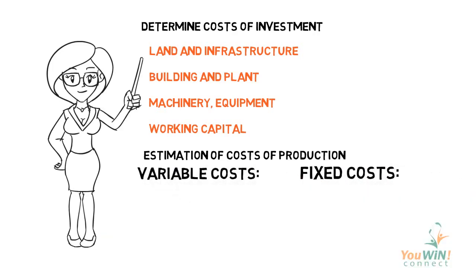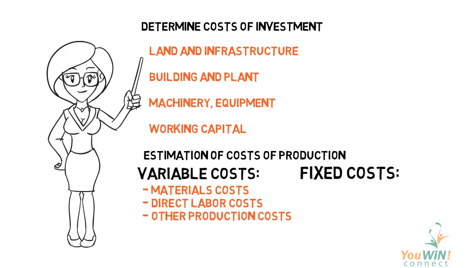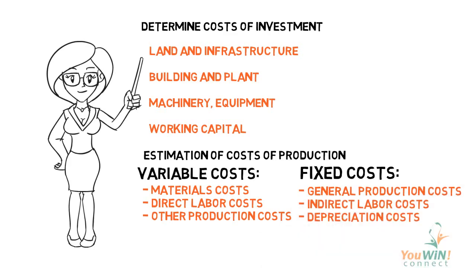Variable costs include the cost of materials, talking in terms of raw materials now, the cost of raw materials, labor that is directly related to the production process, and other production costs. Fixed includes general production expenses and indirect labor costs, and of course the cost of depreciation on the equipment.